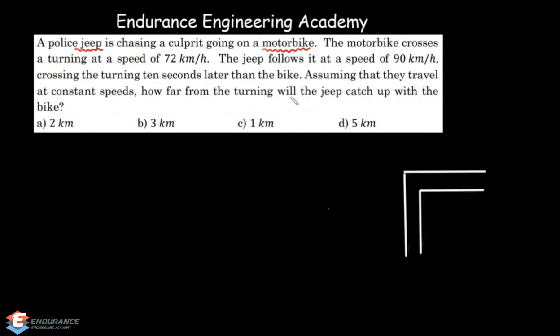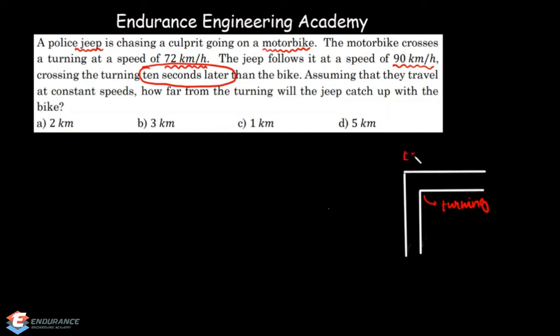The motorbike crosses a turning. Let us consider this is the turning. The motorbike crosses the turning at a speed of 72 km per hour, and the jeep follows it at a speed of 90 km per hour, crossing the turning 10 seconds later than that of the bike. Let us take something like that.